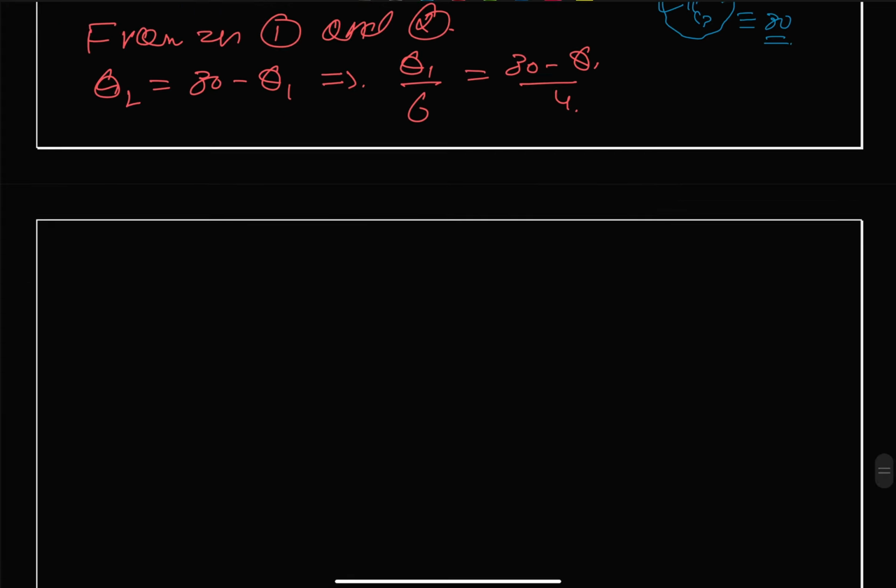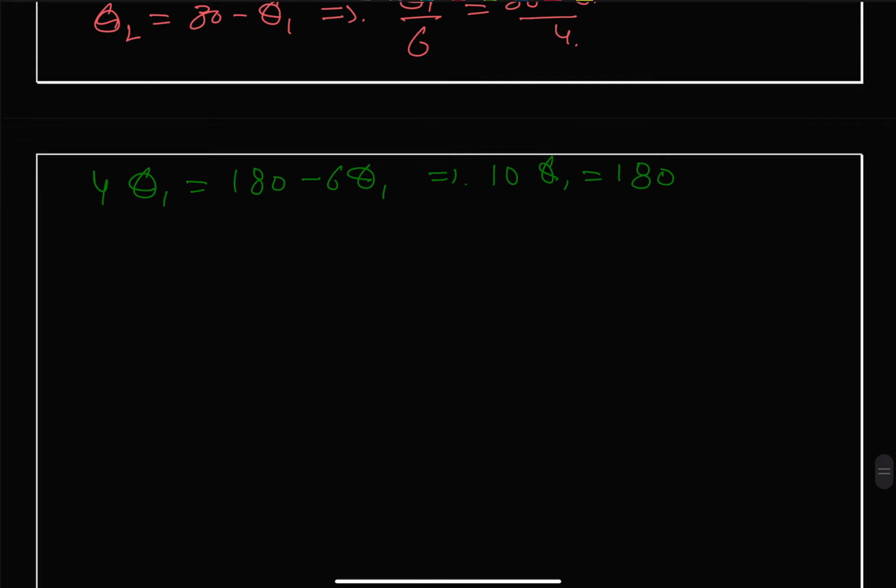Now it is simple, we can just sort it out, and we get 4Q1 is equal to 180 minus 6Q1, and this comes as 10Q1 is equal to 180. So this gives us that our Q1 is equal to 18.